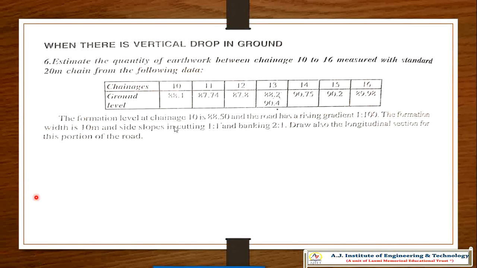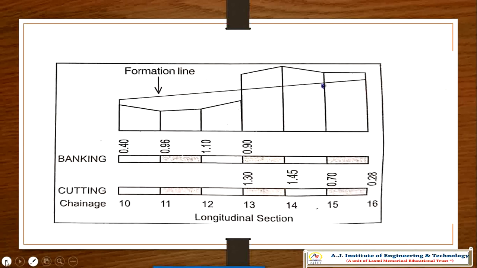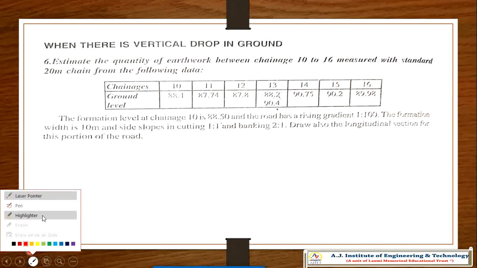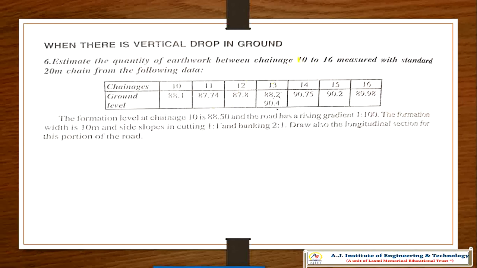The problem tells us to estimate the quantities of the earthwork between chainage 10 to 16, measured with a standard 20 meter chain, from the following data.